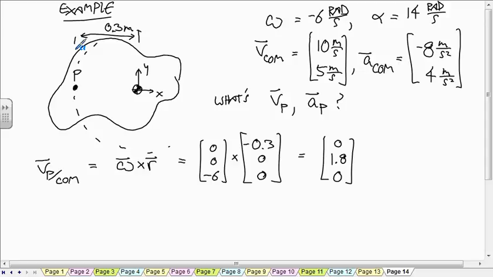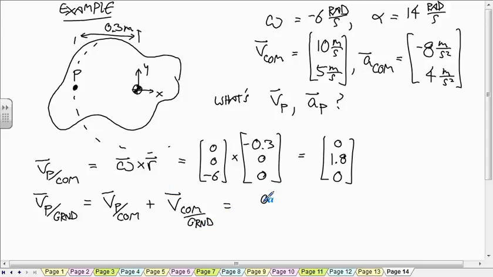And so now the total velocity, we want the velocity of P relative to the origin or the ground. That's equal to the velocity of P relative to the center of mass plus the velocity of the center of mass relative to the ground.